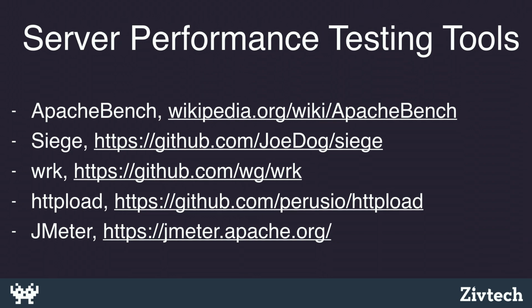The work plugin is actually one that allows the multi-threading on a single core processor. HTTP load is an event-based HTTP load testing tool that can work across a multi-core environment across multiple CPUs. So if you're running a dedicated server of some sort that has multiple actual physical processors, this would be the tool you want to use, is the HTTP load.